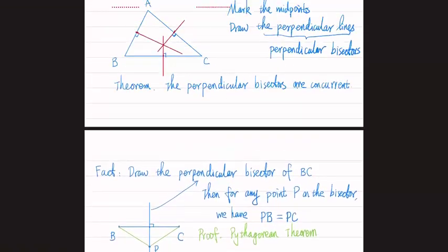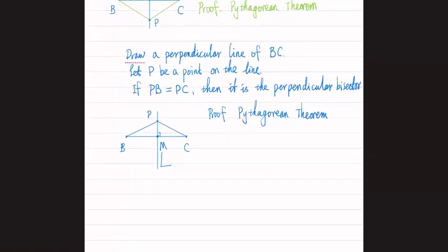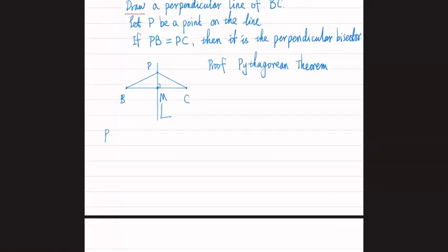Okay, let me draw the proof of the theorem. We have a triangle, and we have three perpendicular bisectors.